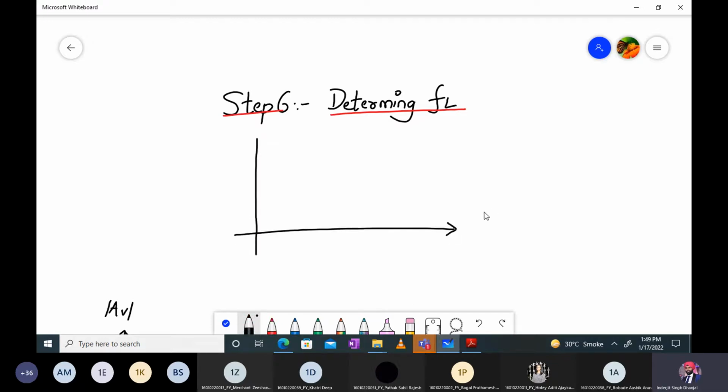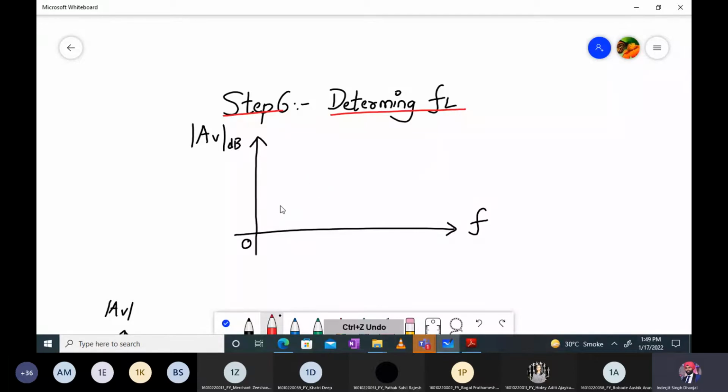This is my F versus my midband gain AV. Let's say we have a midband gain AV, which is in dB, right? This will be in dB. And we have seen one of the characteristics. Let's say due to FL of coupling capacitor CC1, our graph is plotted like this.